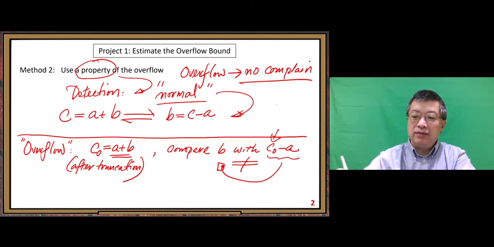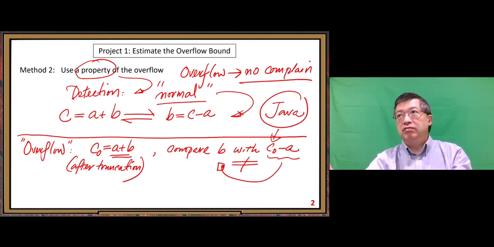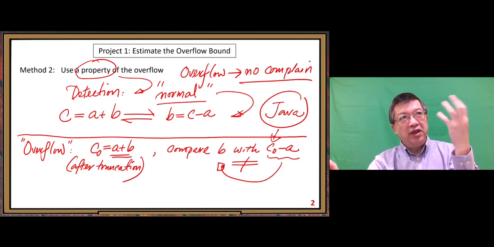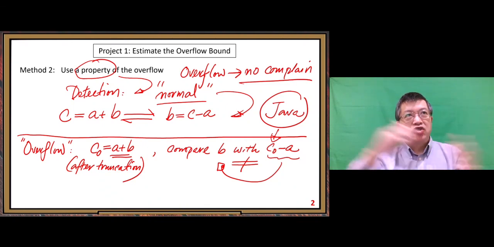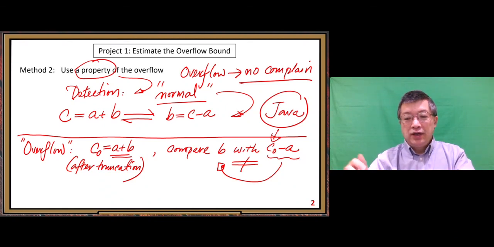Here I'm talking about Java. In Python, you won't get overflow, because Python already did that Java big integer idea, using a long string to represent numbers internally, so you are not aware of it.